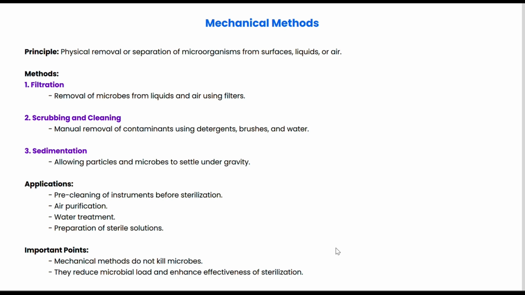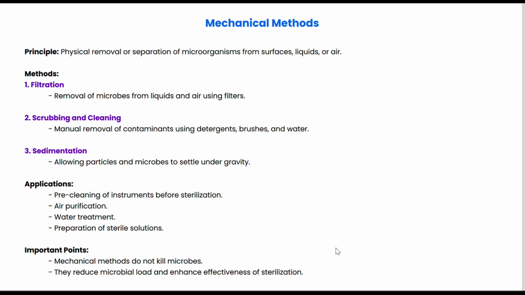Scrubbing and cleaning involves manually removing dirt and microbes using detergents, brushes, and water. For example, scrubbing surgical instruments before autoclaving them. Sedimentation: here we allow microorganisms and particles to settle naturally under the influence of gravity, and then we remove the clear upper portion.